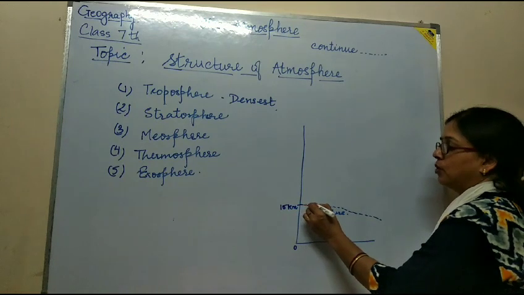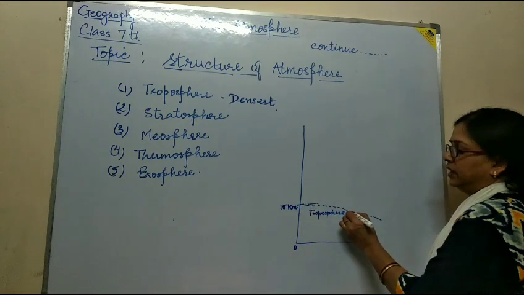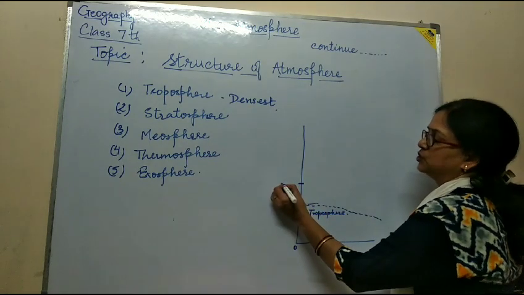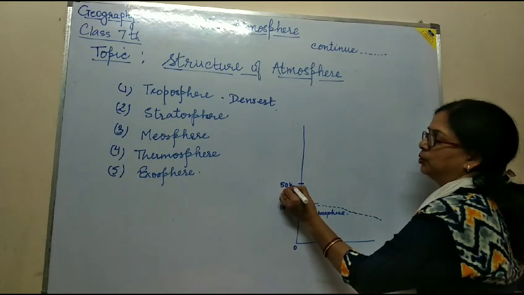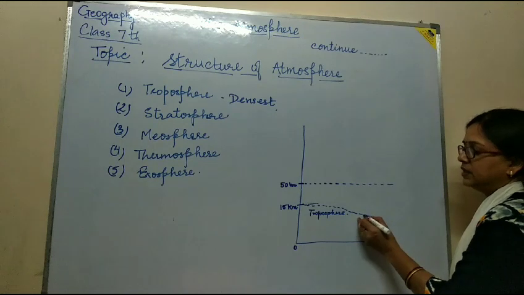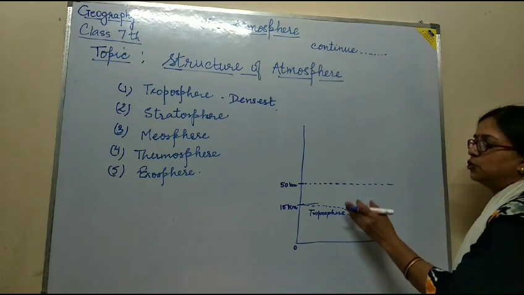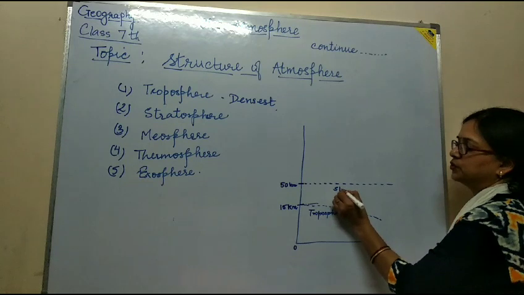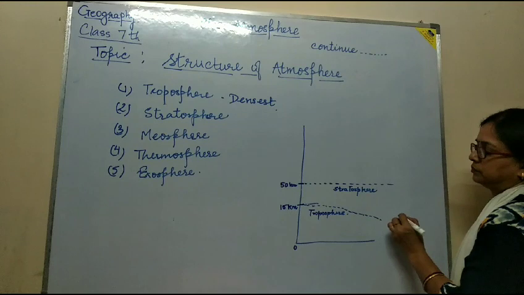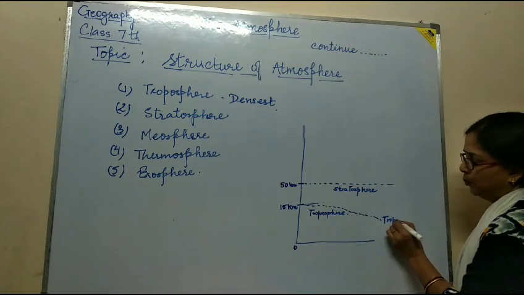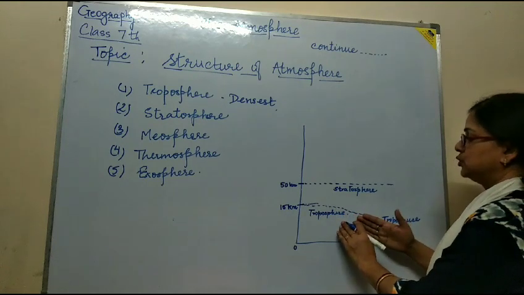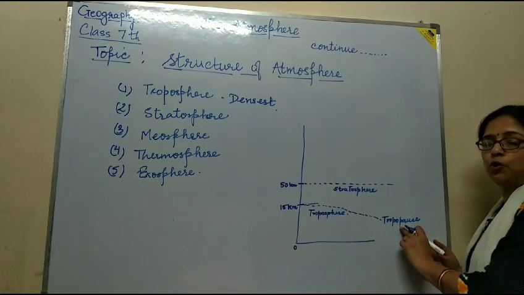Next one is the stratosphere, which extends up to 50 kilometers. There is a transitional zone between the troposphere and stratosphere, which is called the tropopause.